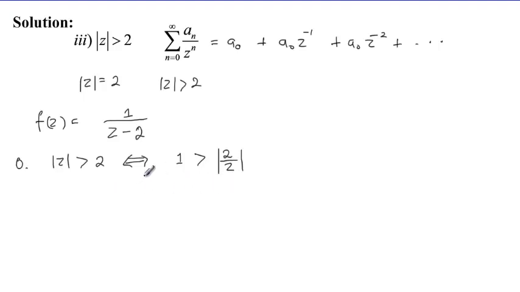So in this series, where z is always in the denominator, we need a term like this, which will play the role of the common ratio of a geometric series. To express this as the sum of such a geometric series, this is what we do.